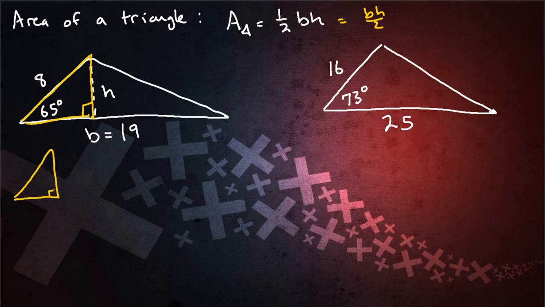So I'll bring it out right here. And I have my 65 degrees. I have my height. And I have my 8. Now, I don't know how long this side is, or this side, so I don't know where this height hits down here. But I don't need to know. This is enough for a right triangle to go ahead and find the height. I see that I have the opposite side and the hypotenuse, so that's sine. So sine of 65 would equal my height divided by 8.